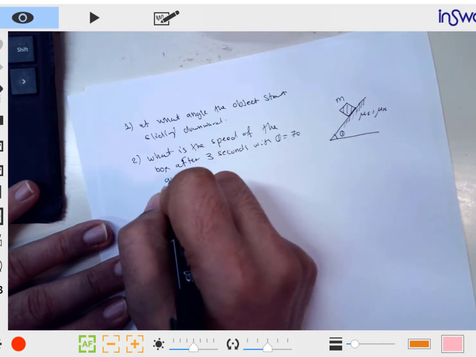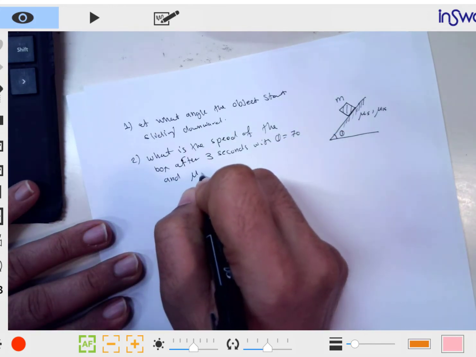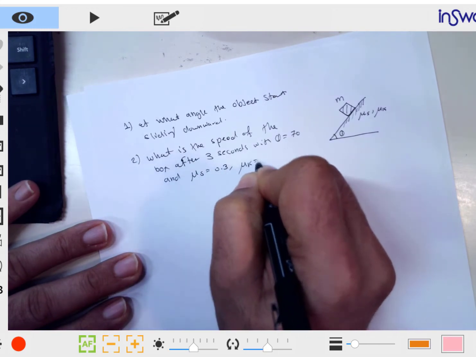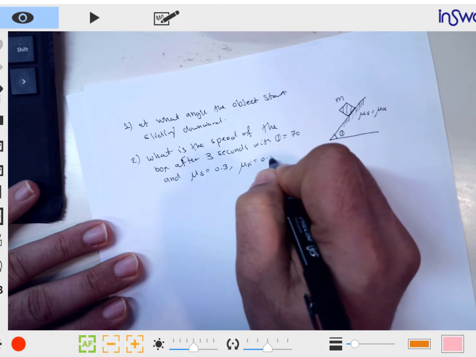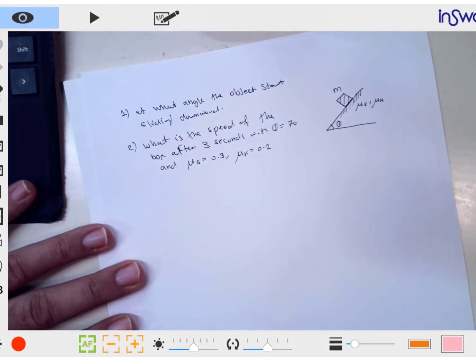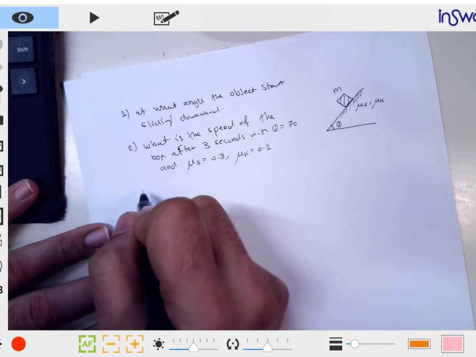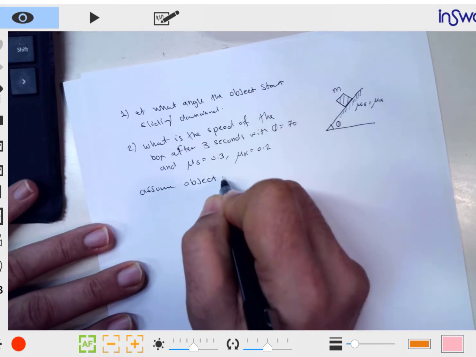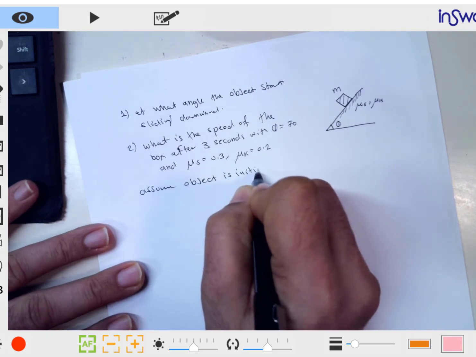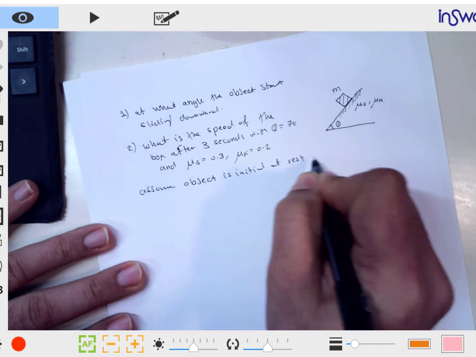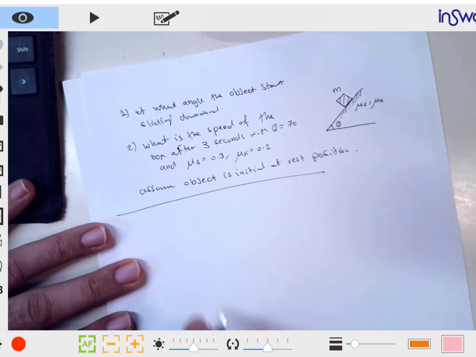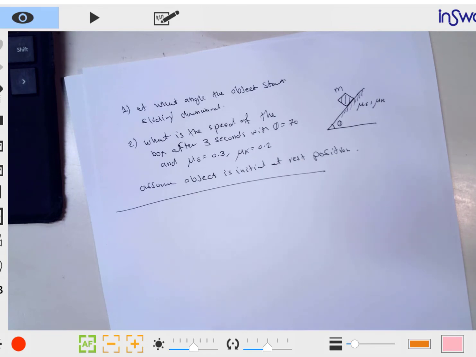Okay, and mu s equal 0.3 and mu k equal to 0.2. Assume the object is initially at rest position. Okay, so let's look at the first question, which is a little bit general.